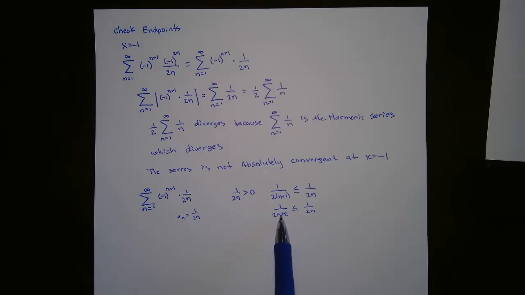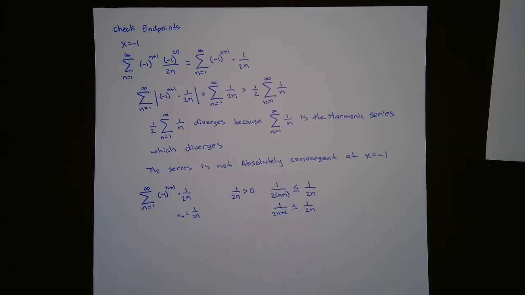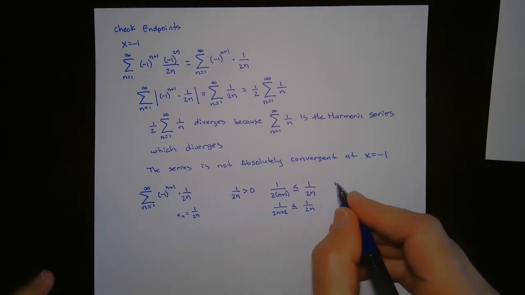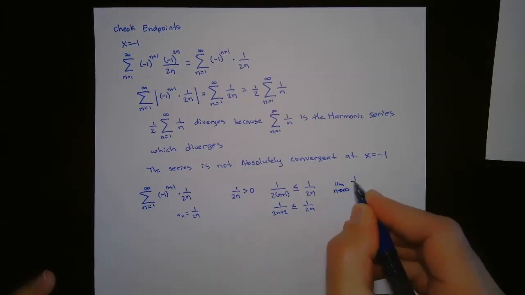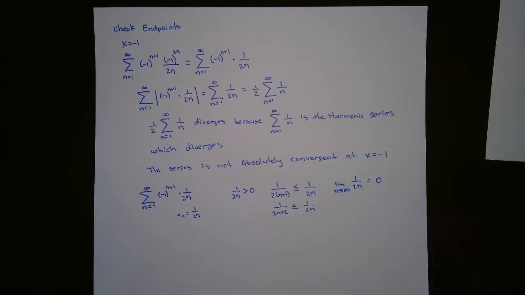So this denominator is bigger than this one, and because this denominator is bigger, this overall fraction is going to be smaller. So this one's always going to be smaller than this one, okay? All right, so we've established that a sub n plus 1 is less than or equal to a sub n, and then we have to look at the limit as n goes to infinity of 1 over 2n. Well, that's 0, right? That should be an automatic thing now.